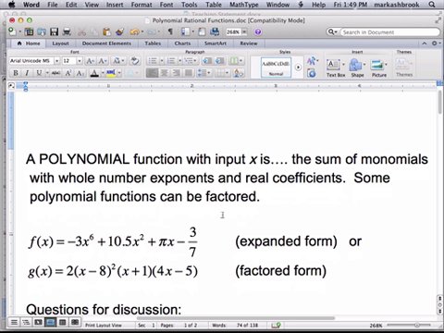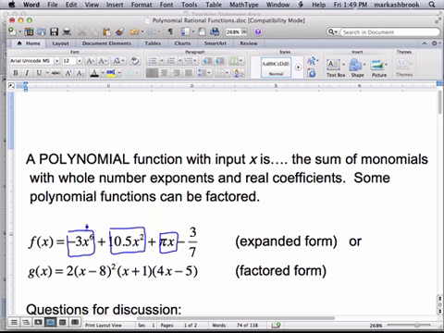Okay, so here's what a polynomial is. It's the sum of monomials with whole number exponents and real coefficients. So let's break that down. A monomial is one of these things. Each of those is a monomial.